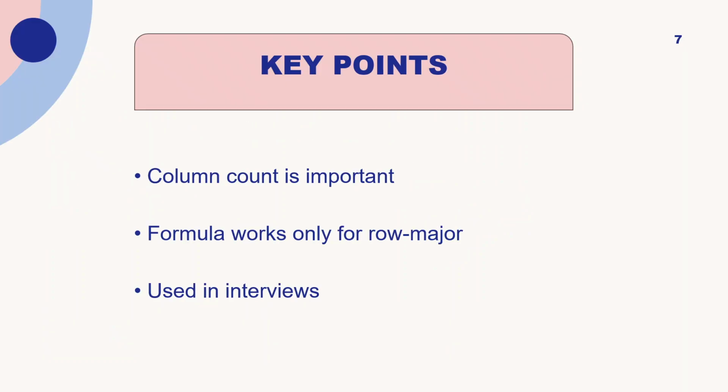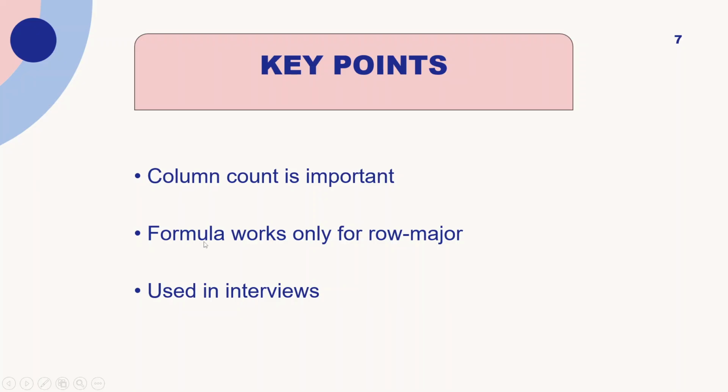Now, let's quickly summarize the important points from the video. First, the column count is very important. When we calculate the address of a 2D array element, we must know how many columns there are in the array. Without the column count, address calculation is not possible.